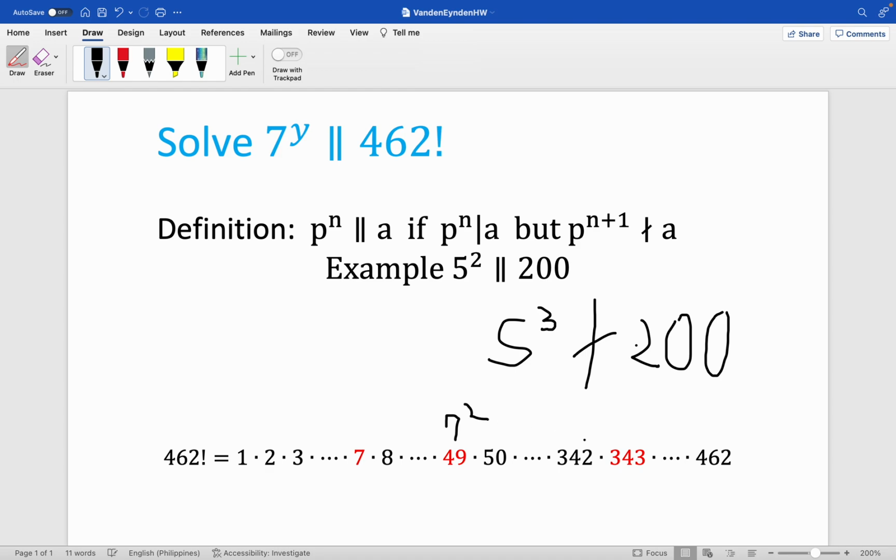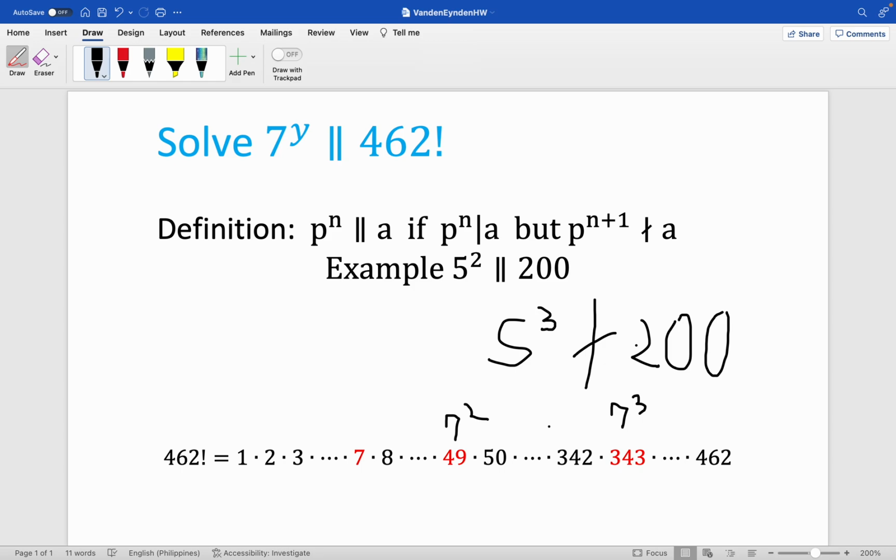And then this 343 is 7 cubed, 7 raised to the third power. 7 times 49 is 343. Okay? But understand there's a lot of multiples of 7 in here that I haven't listed, of course. 63 would be an example, and so on.